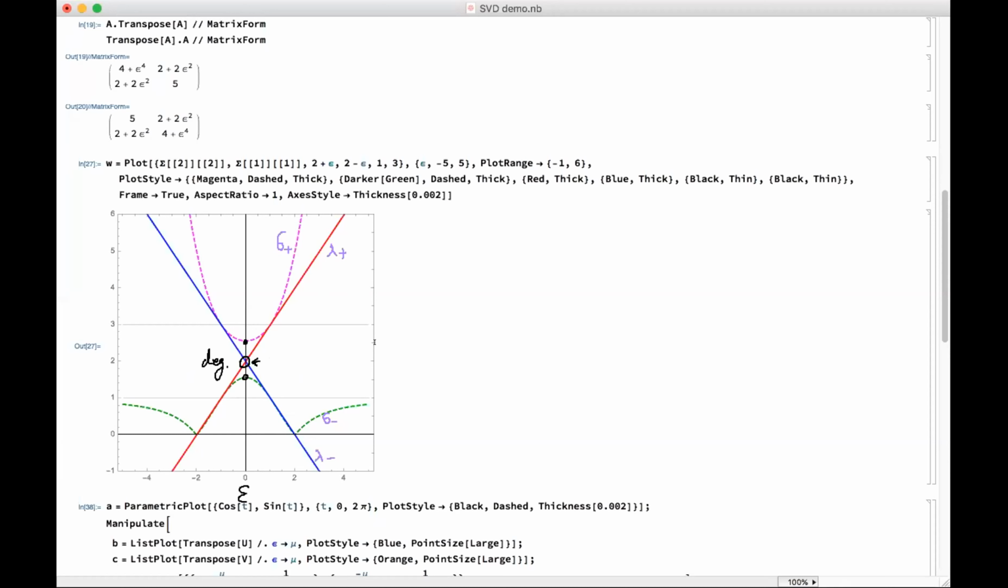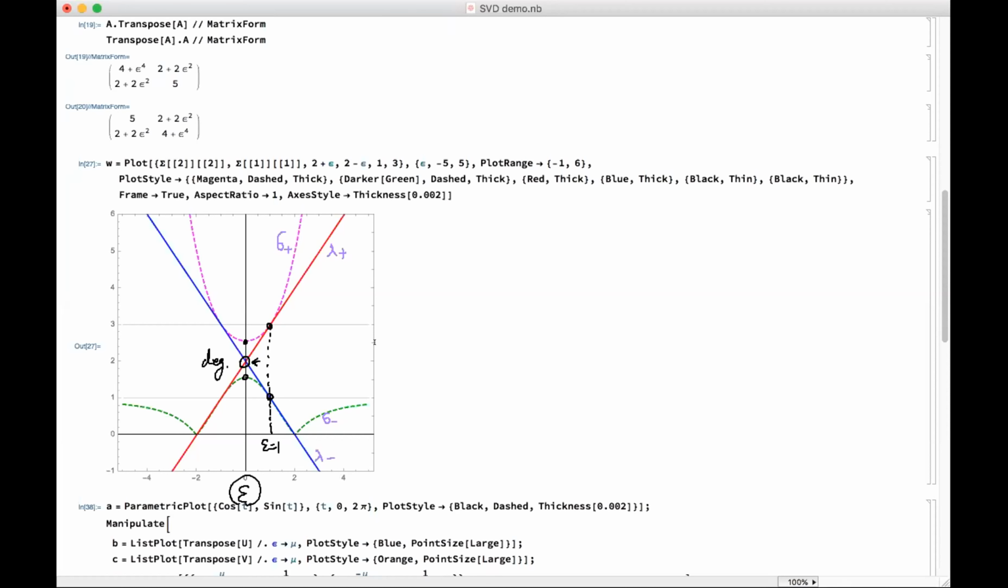And when we increase epsilon to 1, the two eigenvalues and the two singular values coincide, right? We had just seen that.